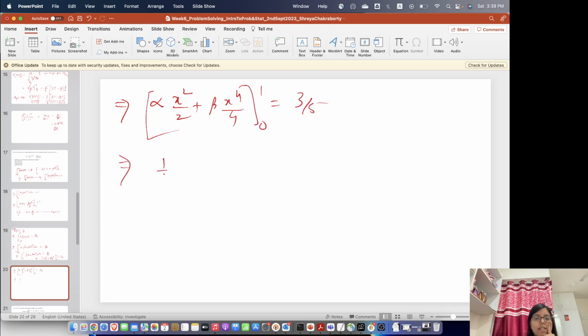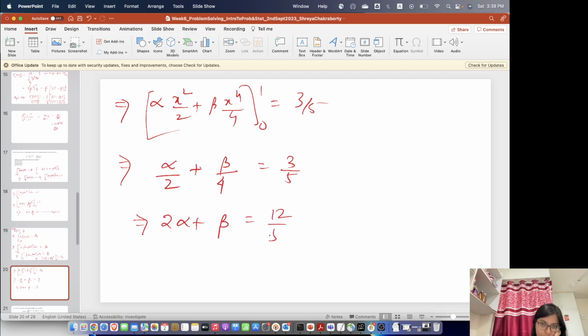So it implies alpha by 2 plus beta by 4 equals 3 by 5, or 2 alpha plus beta equals 12 by 5. This is my equation 2.